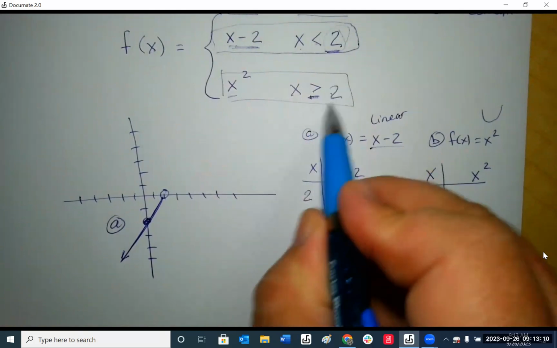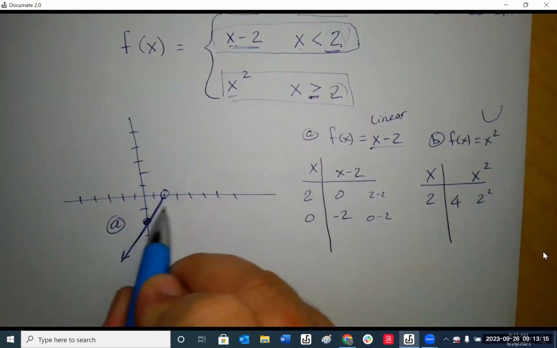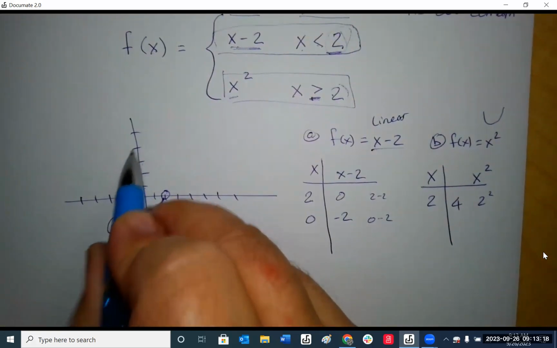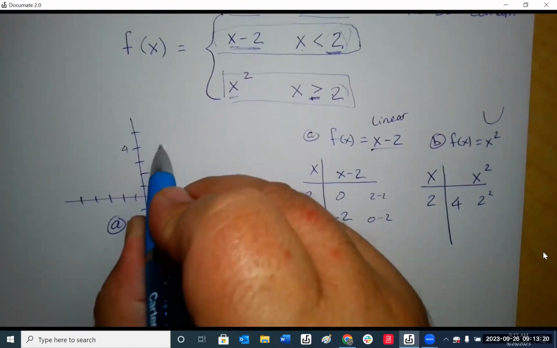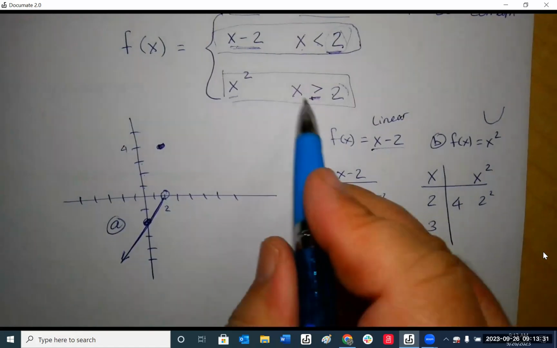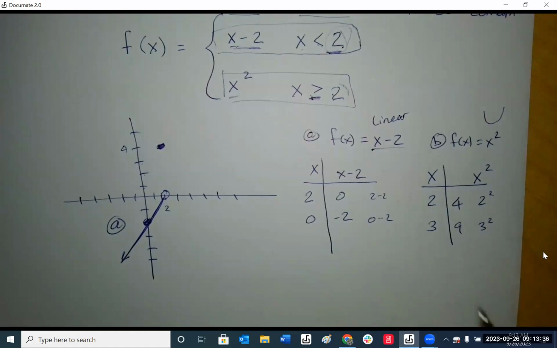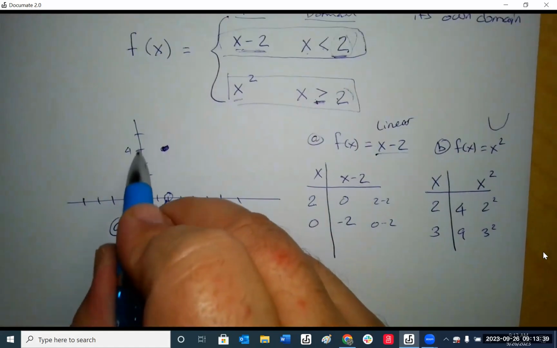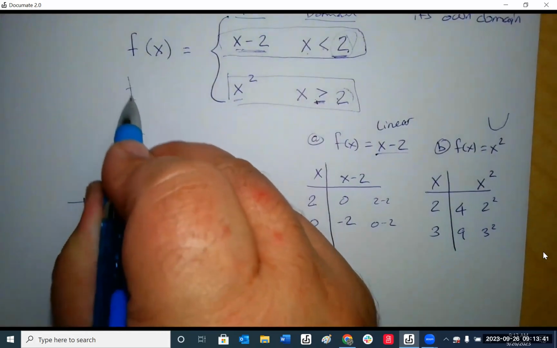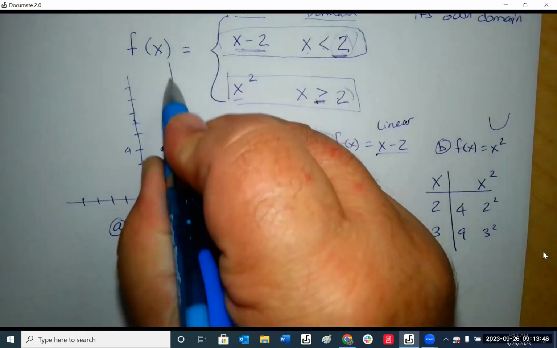Now, since I can start with this number, 2 squared equals 4. So at 2, I get 1, 2, 3, 4. And this time, since I can use 2, I put a solid dot. Because I can use 2. And let's pick the next one, since x has to be bigger than 2, so I pick 3. 3 squared equals 9. So at 3, 6, 7, 8, 9, I get 9. The graph will look like this.